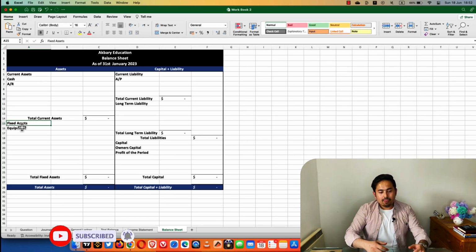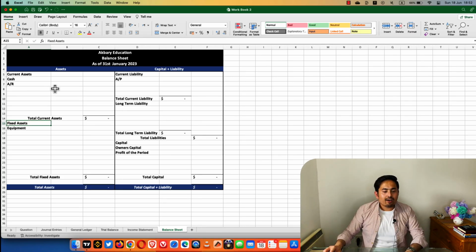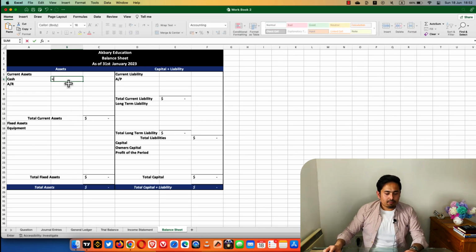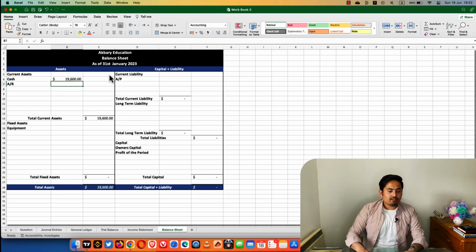But for the meanwhile, remember the addition of current asset and fixed asset together will end up as the total assets of the business. We have cash here. Cash of the business as per the trial balance was 19,600.